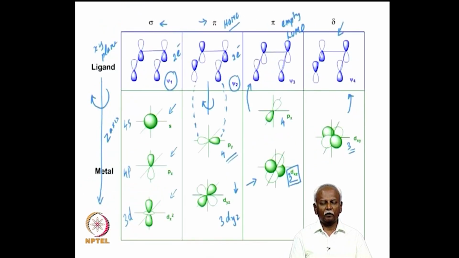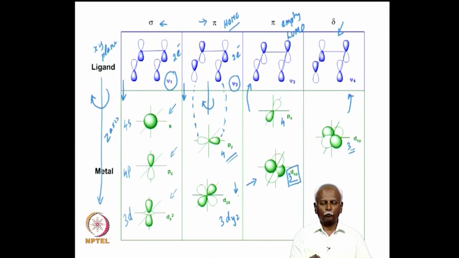Here we notice that we remove electron density from the bonding orbitals, and the electron density flows into the empty orbitals. This happens for both psi 1 and psi 2, the two bonding orbitals of butadiene, and we are pushing in electron density from the dxz into the lowest unoccupied molecular orbital, that is psi 3.